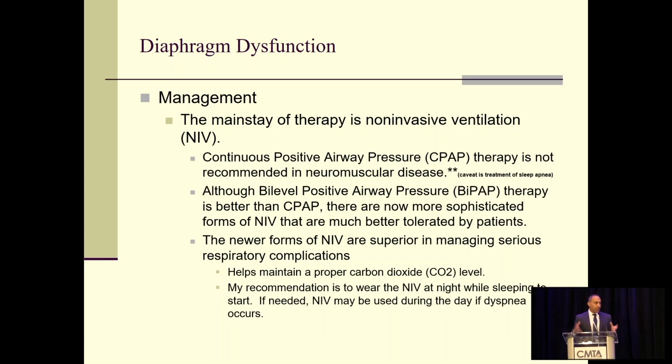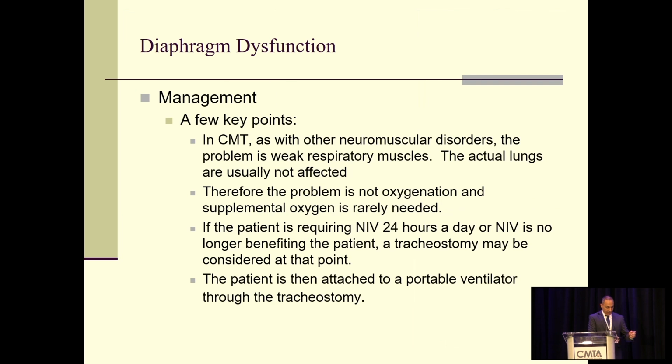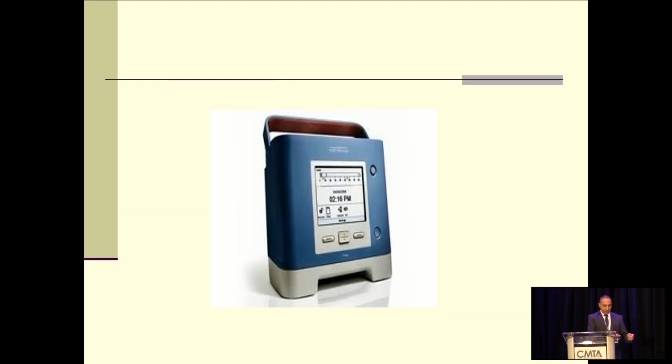Very quickly, what is the difference? CPAP stands for continuous positive airway pressure. I don't have a picture of the CPAP, but basically it's a machine that you wear with a mask while you're sleeping.